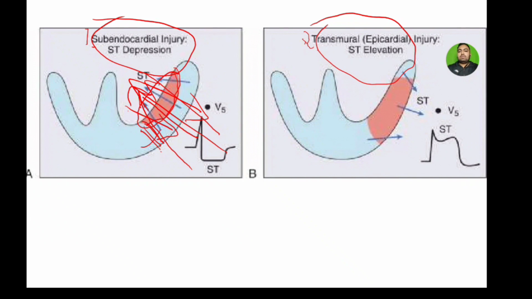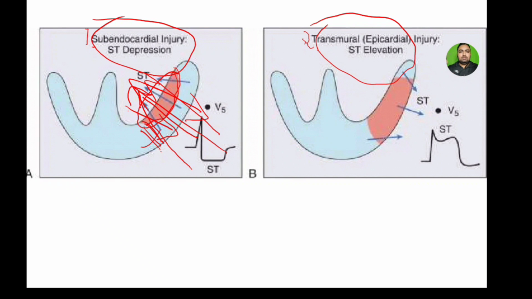Remember, whenever the current goes away from the lead, it shows negative deflection. The second rule is whenever the current comes towards the lead, it shows positive deflection. Coming to the second type, transmural or epicardial injury.